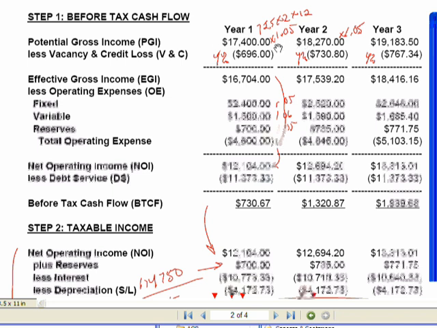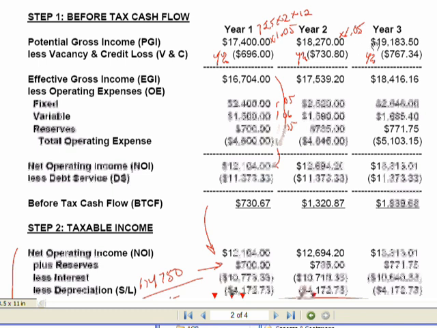So your PGI for year 2 is going to be 5% higher than your PGI for year 1. What you can do simply is just multiply the year 1 PGI times 1.05, or 5%. And that would give us 18,270. So your PGI, if it's 5% higher than year 1, would be 18,270 in year 2.